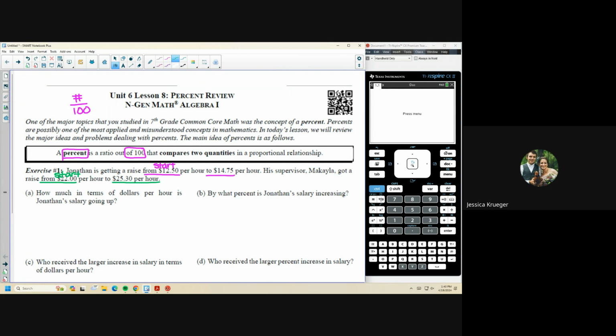The first question A says, how much in terms of dollars per hour is Jonathan's salary going up? To find that out, I would just subtract these two. And I end up with $2.25.